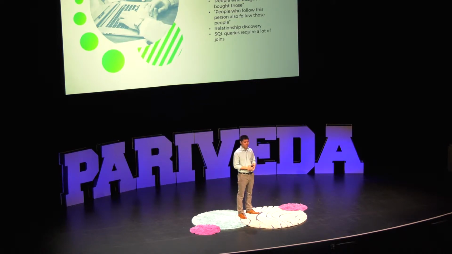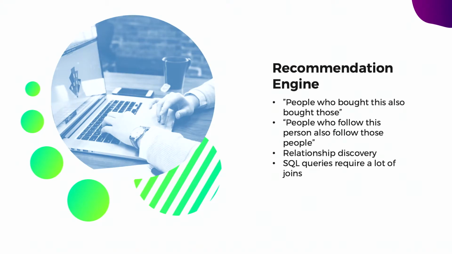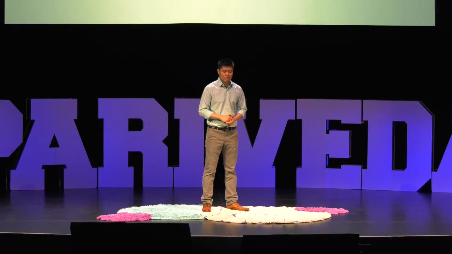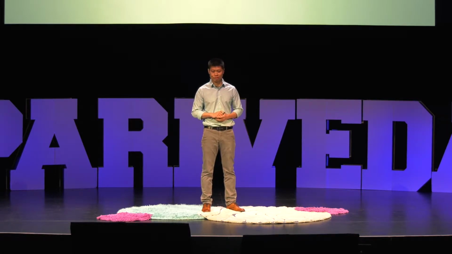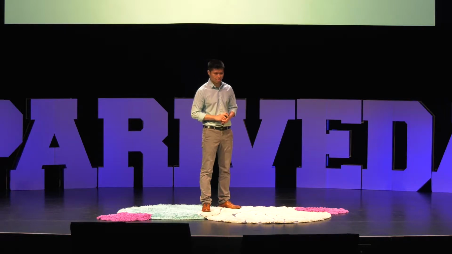It's clearly a recommendation engine using some relationship discovery algorithm. The statement itself is pretty straightforward, but because we are dealing with a lot of relationships, when we put that into a relational database, there's going to be a lot of join statements. And that is what I've been struggling with lately. Let me explain.